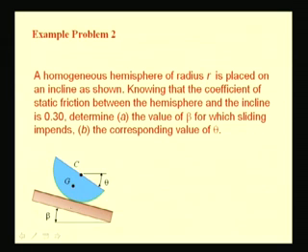So, that means the normal reaction plus the frictional force that is along the plane and the normal force, the resultant of these two forces should be able to support the weight of the sphere. So, obviously, the point of contact should lie just below the CG of the hemisphere.